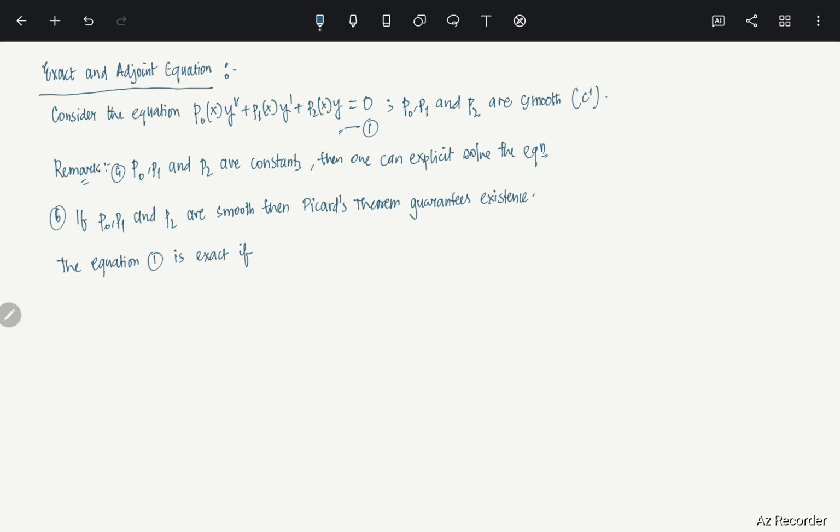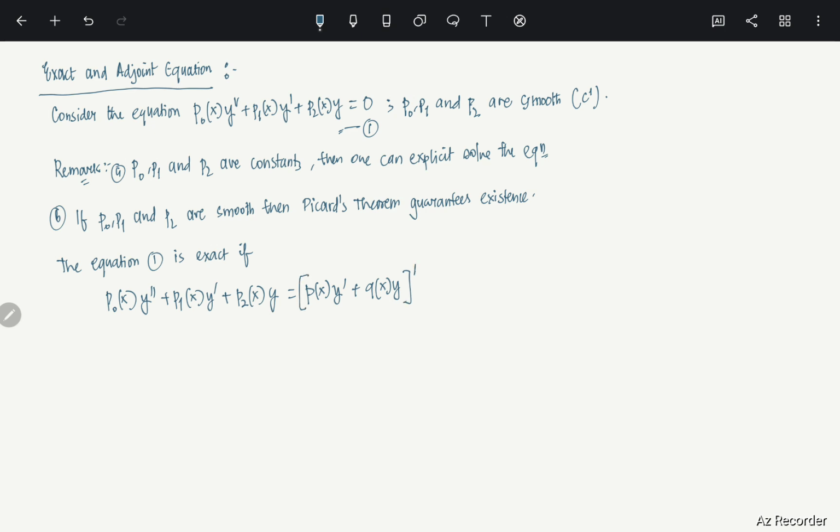if P0(x) y'' plus P1(x) y' plus P2(x) y, this expression, can be written as (P(x) y' plus Q(x) y)', the derivative of that.